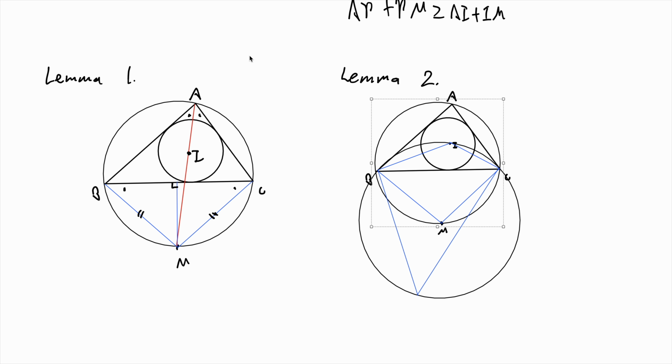Let's change this to black. Okay. So our proof is quite simple. Say this is 2 dot. 2 dot. This angle is 90 plus dot.